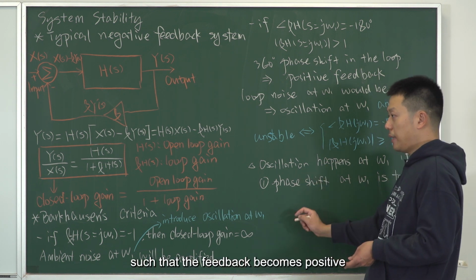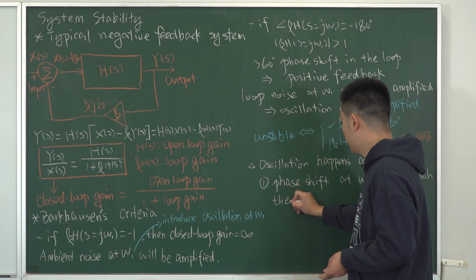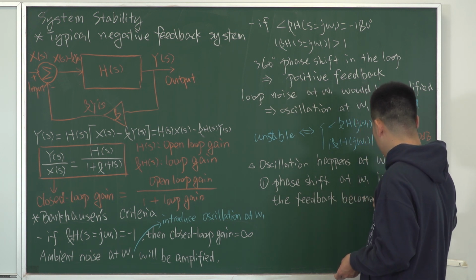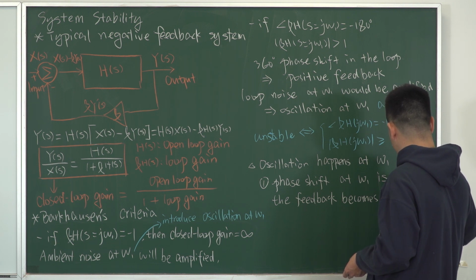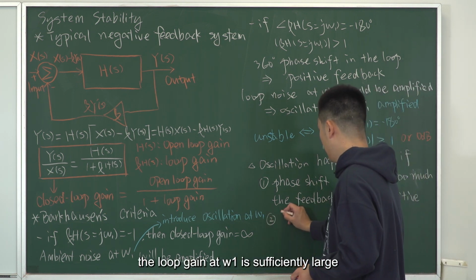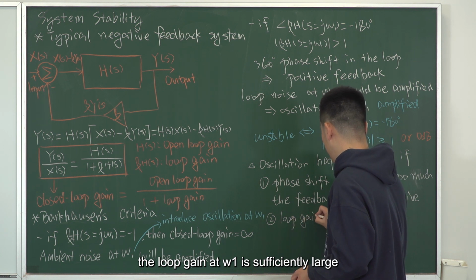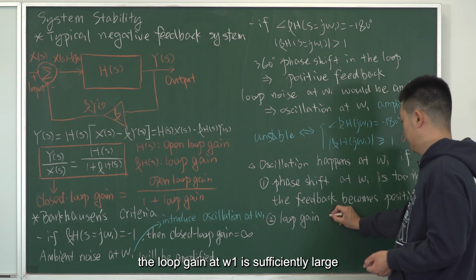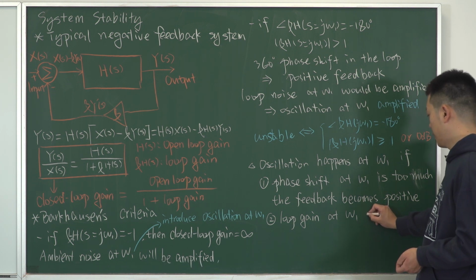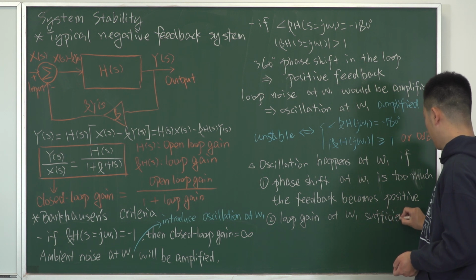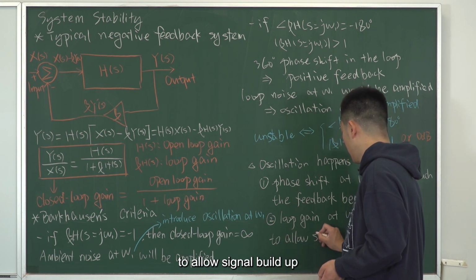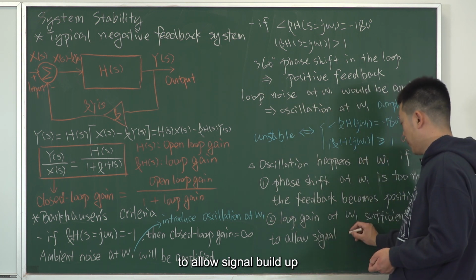Such that the feedback becomes positive. And second condition is that the loop gain at omega 1 is sufficiently large, sufficient to allow signal build up.